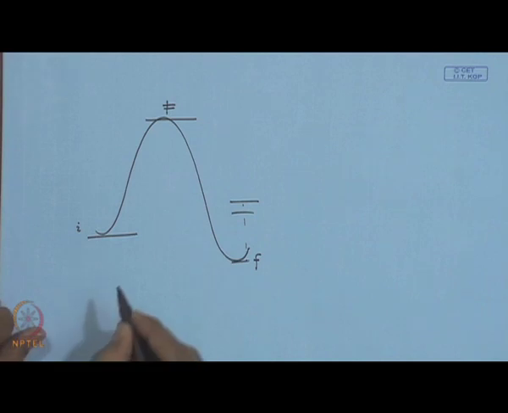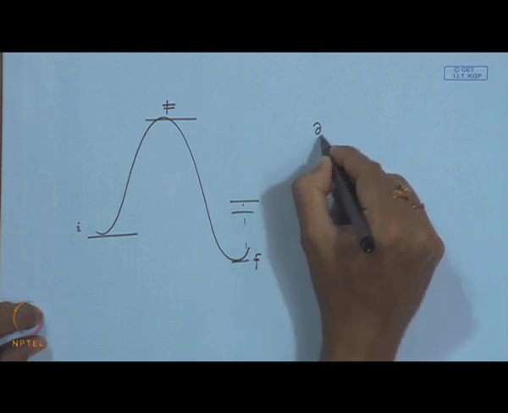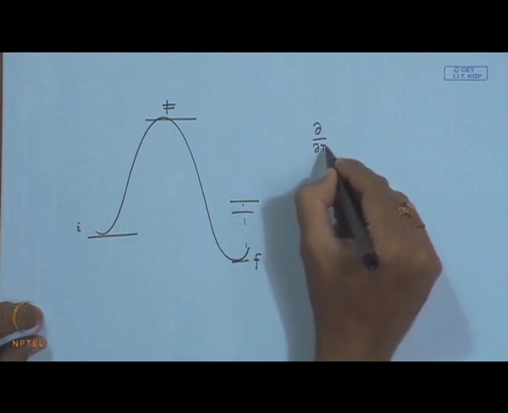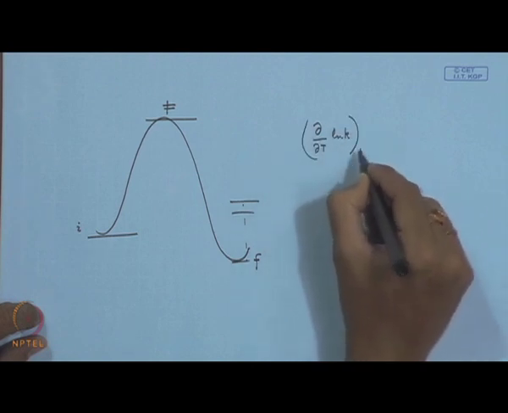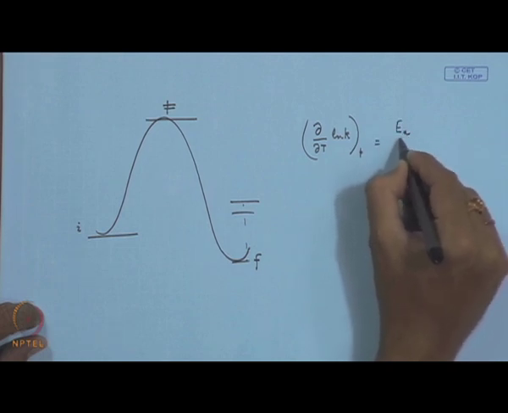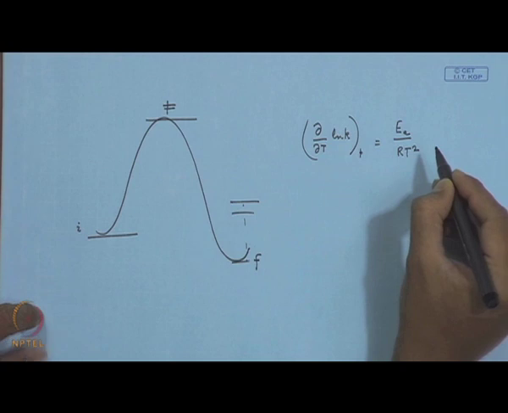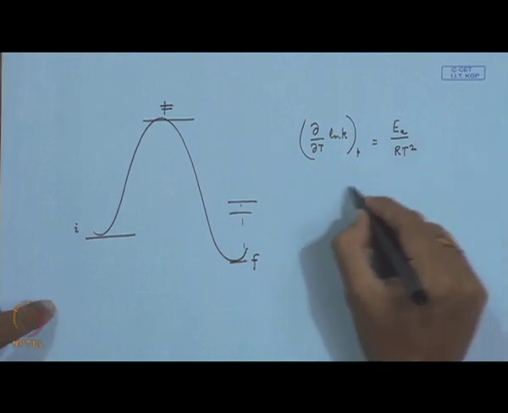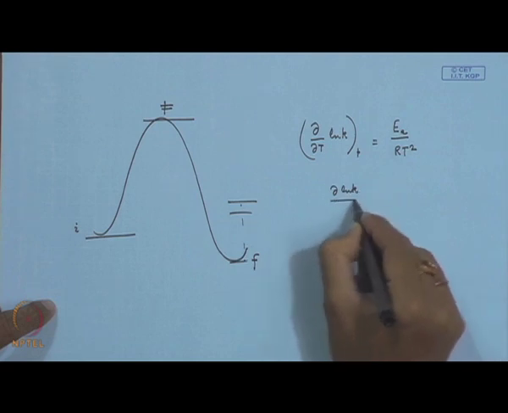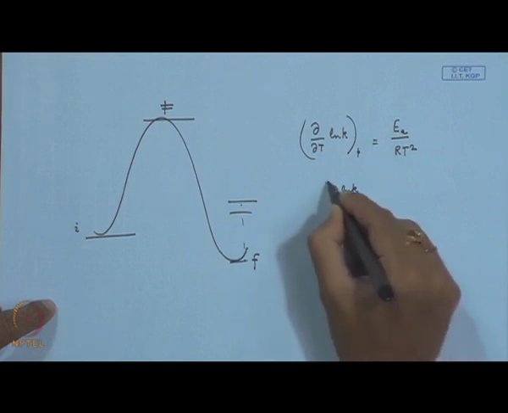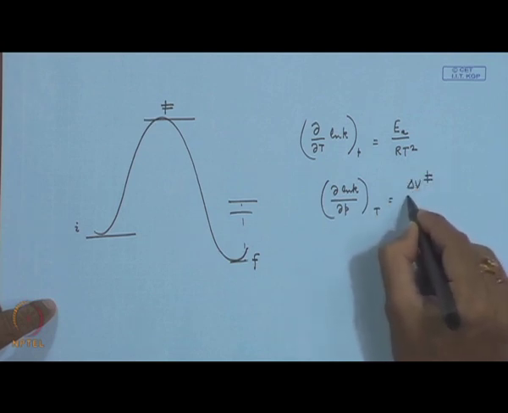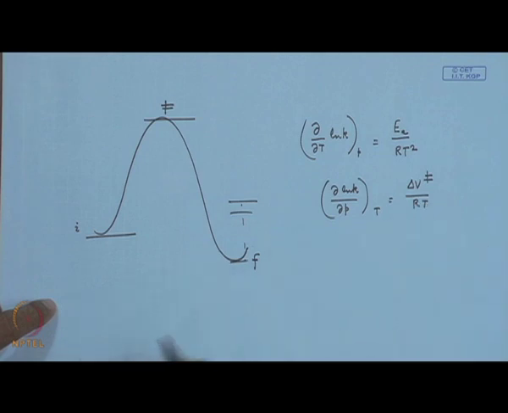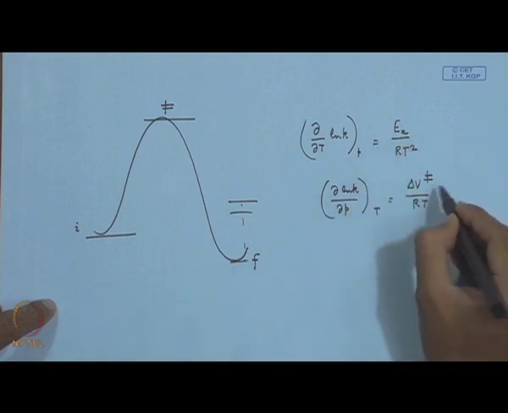So, the expression is del ln k del T at constant P is equal to E_A by R T square, and del ln k del P at constant T is equal to delta V double dagger by R T. So, this is the energy of activation, this is the volume of activation.